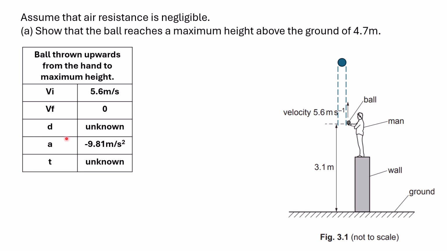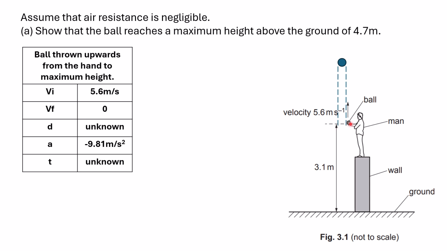So here is a data table, and the maximum height will be the distance where the man throws the ball to the ground plus this section right here that we don't know. All right, to find this section, we need to calculate this distance right here.